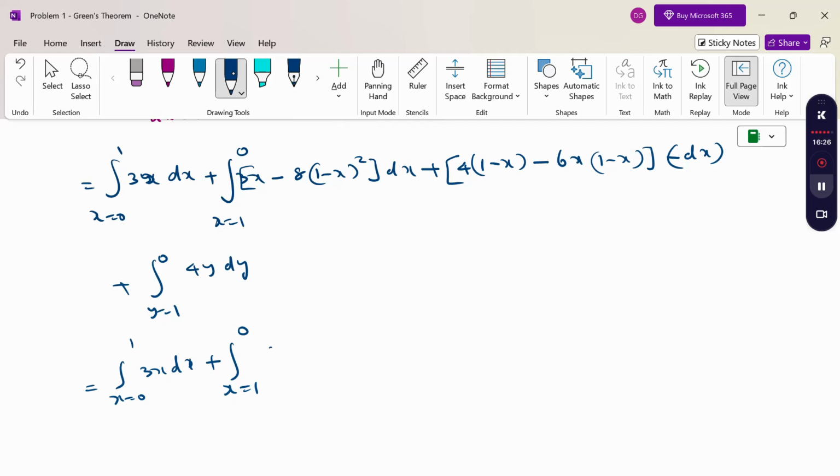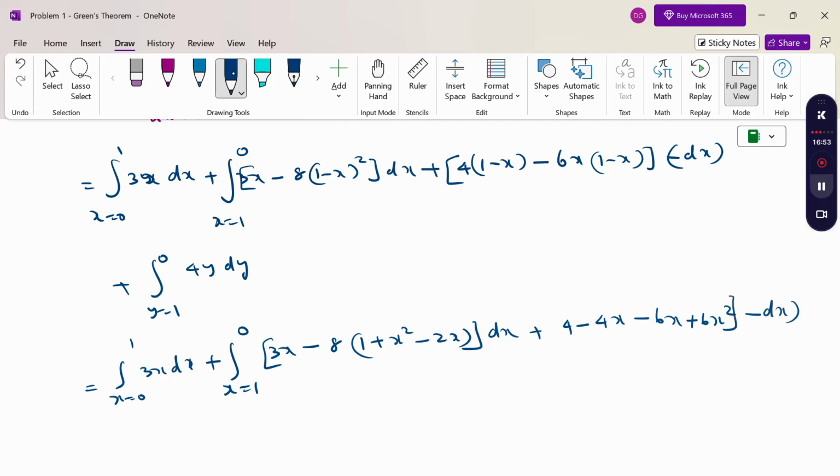When I expand (3x minus 8y)... the whole square, a squared plus b squared minus 2ab, into dx, for this term plus 4 minus 4x, then minus 6x plus 6x squared, multiplied by minus dx, and then plus y from 1 to 0 of 4y dy.